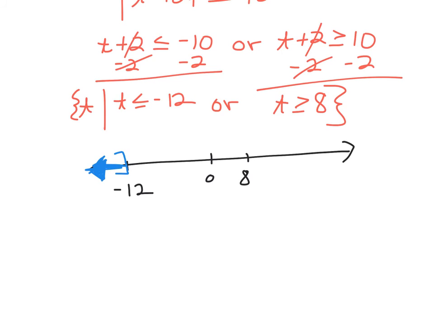And a bracket at +8 and shade to the right. Okay, you go ahead and write the interval notation, and then we'll compare notes.